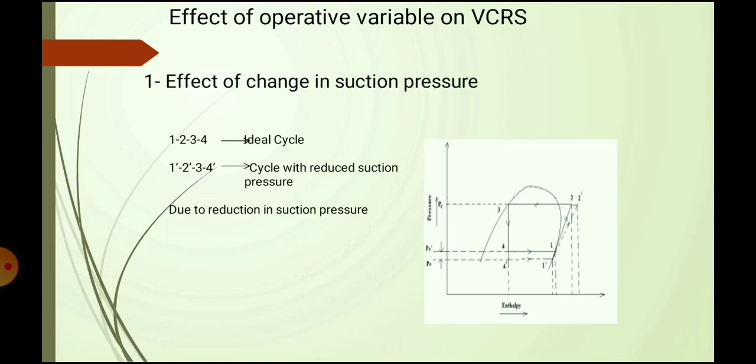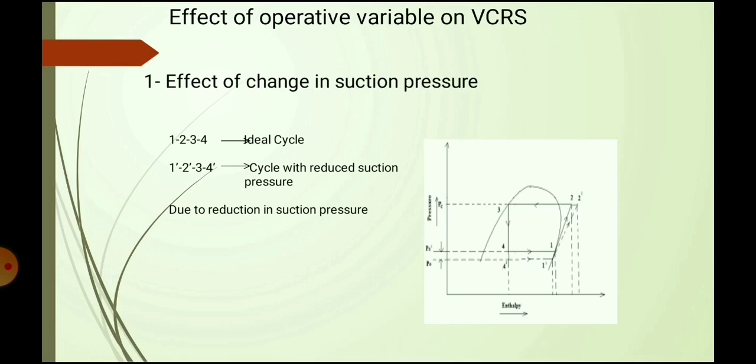Suction pressure means evaporator pressure. Suction pressure is also said to be the evaporator pressure, or the inlet pressure of the compressor. Suction pressure, evaporator pressure, and inlet pressure of the compressor, all three are the same. Here we are decreasing the suction pressure from PE to PE dash.